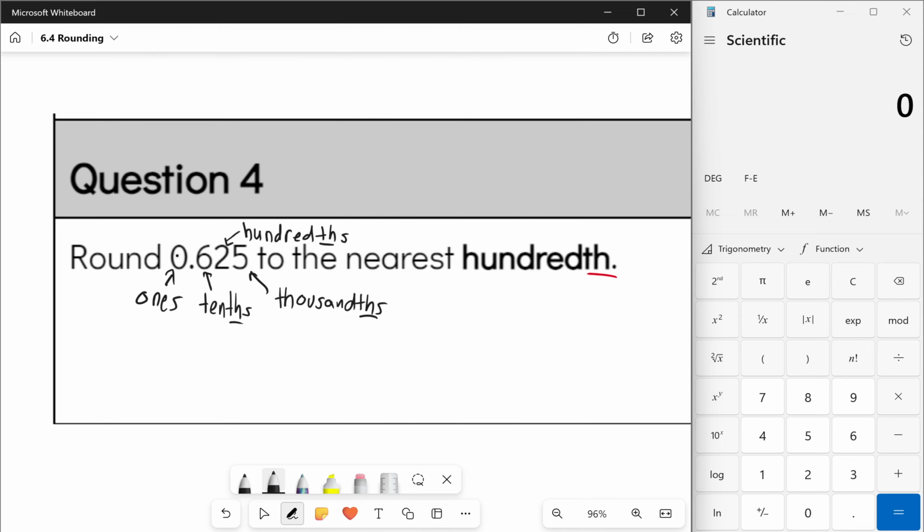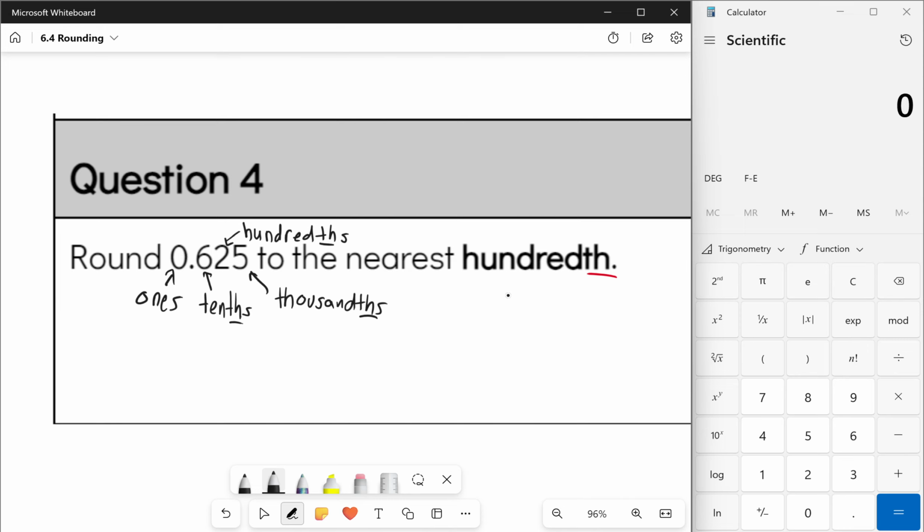Everything is mirrored around the ones and the decimal. So we've got our tens on the left and our tenths on the right, our hundreds on the left and our hundredths on the right, and so on. But that's not so important for this question. This question asks us to round to the nearest hundredth. So as long as we know where our hundredth is, we can do this question.